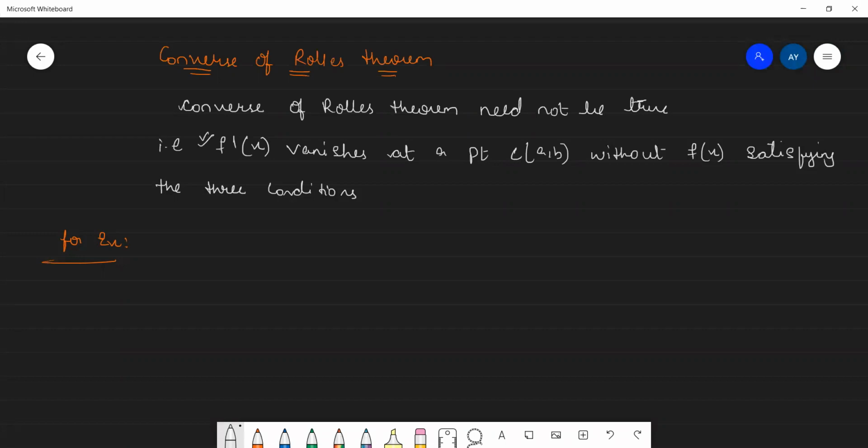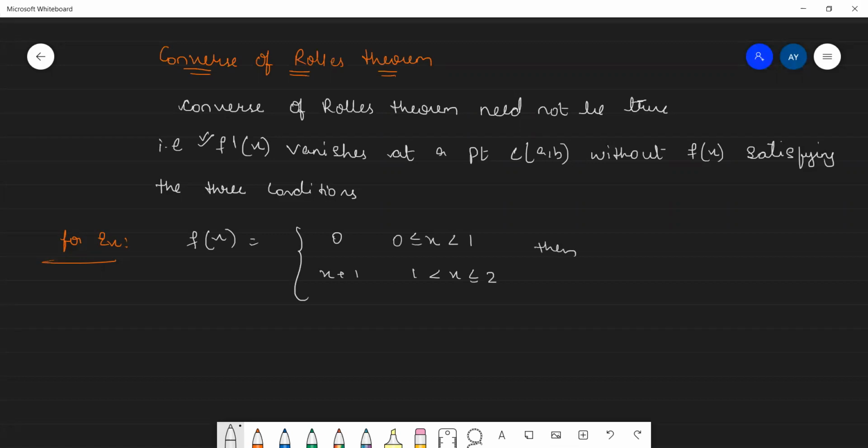We'll just take f of x equals 0 when 0 is less than or equal to x less than 1, and x plus 1 when 1 is less than x less than or equal to 2.